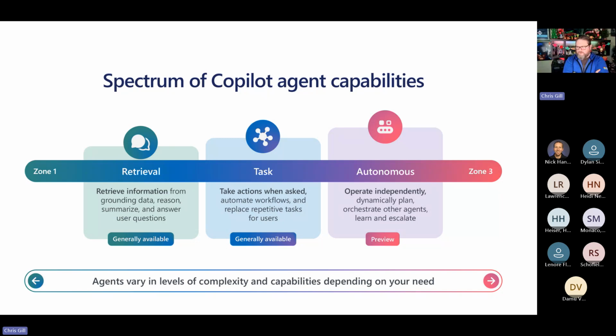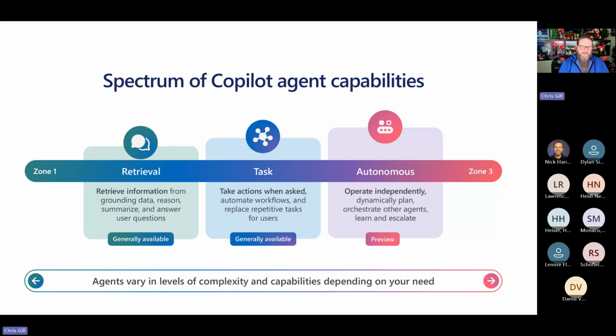On the far right, we have autonomous agents, which I consider the most advanced. They can operate independently, plan dynamically, orchestrate other agents, and escalate when needed. If you've heard of human in the loop, this is where the autonomous agent handles a task you've trained and built it for, but it still needs approval from a human, or needs to hand something off or escalate to a human.